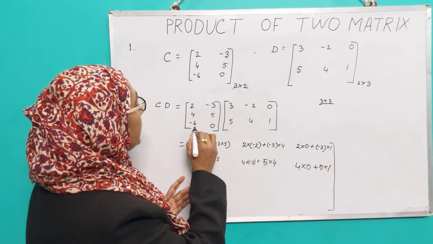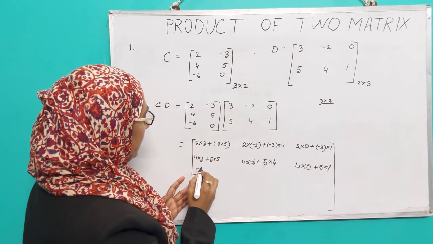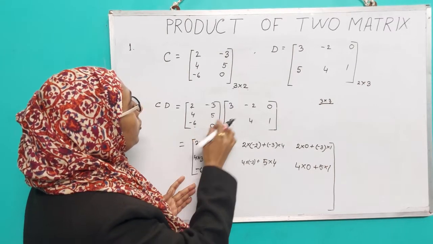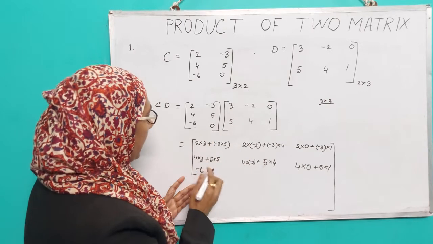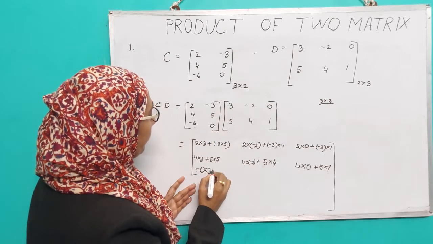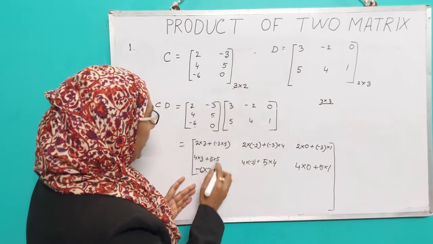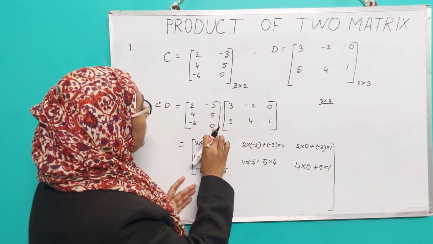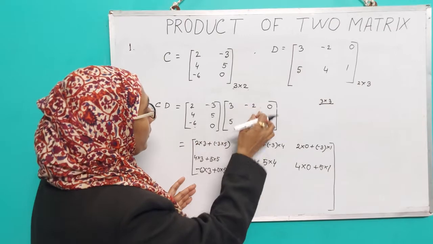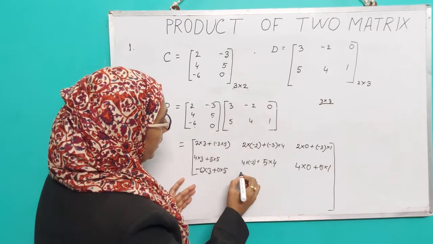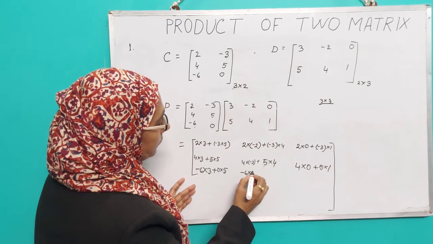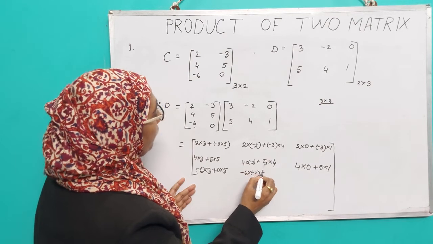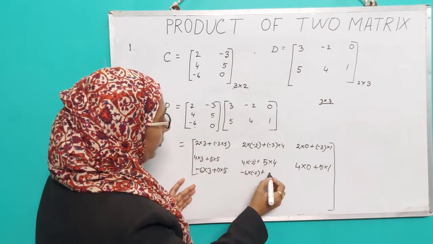Next, minus 6, third row with first column: minus 6 into 3 plus 0 into 5. Next, third row with second column: minus 6 into minus 2 plus 0 into 4.